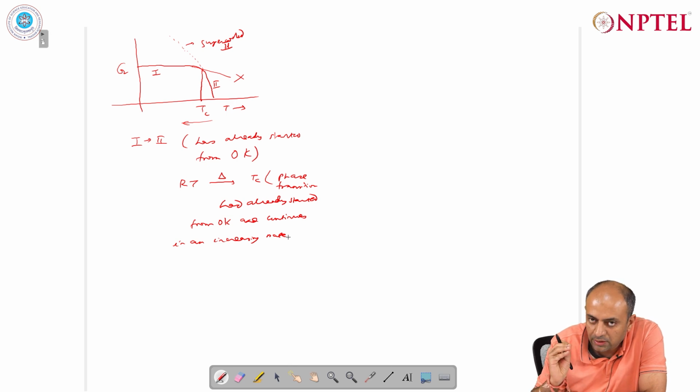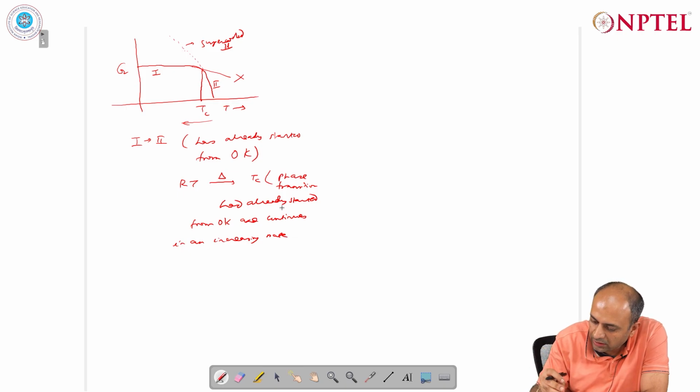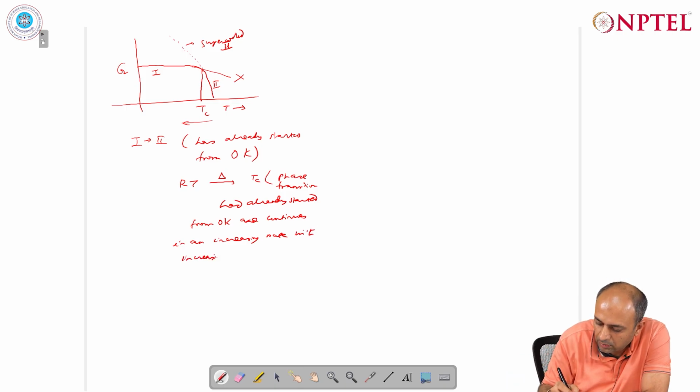We are assuming that this transformation happens slowly as a function of temperature, and it continues at an increasing rate with increasing temperature, such that when Tc is reached, the phase transition is complete.